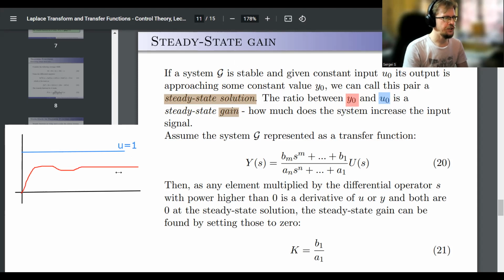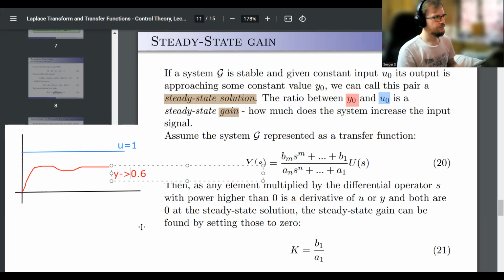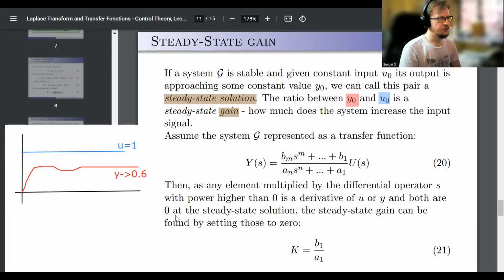The output is, let's say, y equals 0.6. Okay. And this y is not really equal to 0.6. It's kind of like tends towards 0.6, okay? Tends towards 0.6 as time goes to infinity.